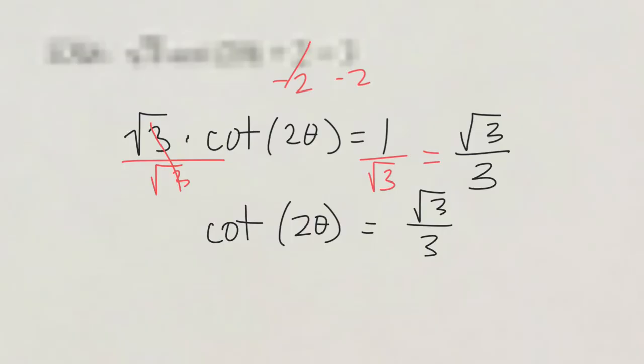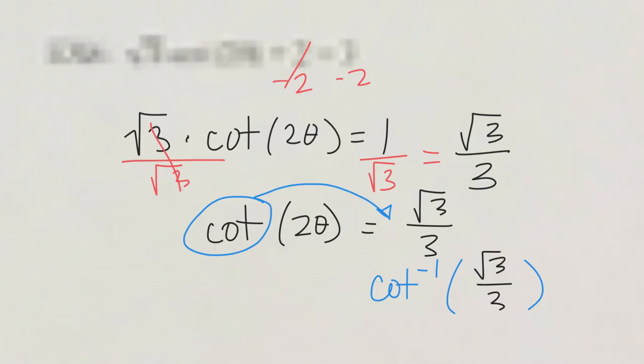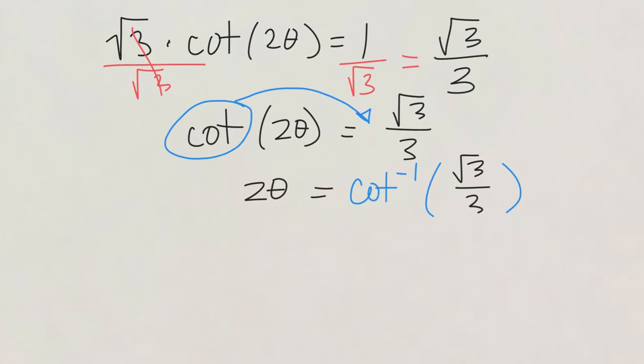Okay, so we move the cotan over by taking its inverse. The cotan inverse of root 3 over 3. Okay, so how many places is the cotan root 3 over 3? At least 2.